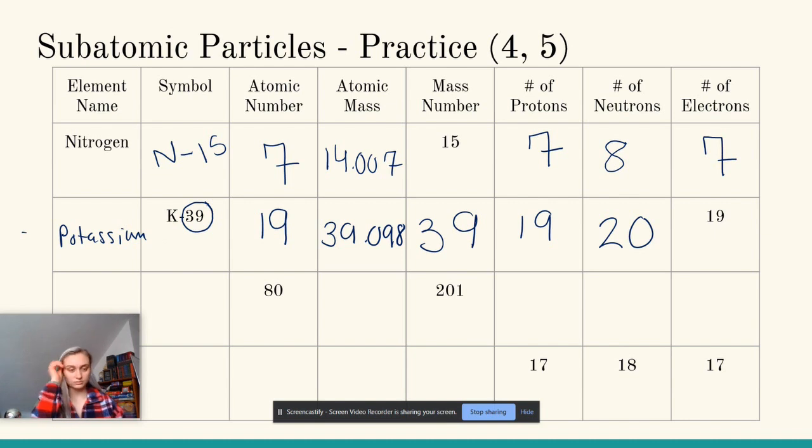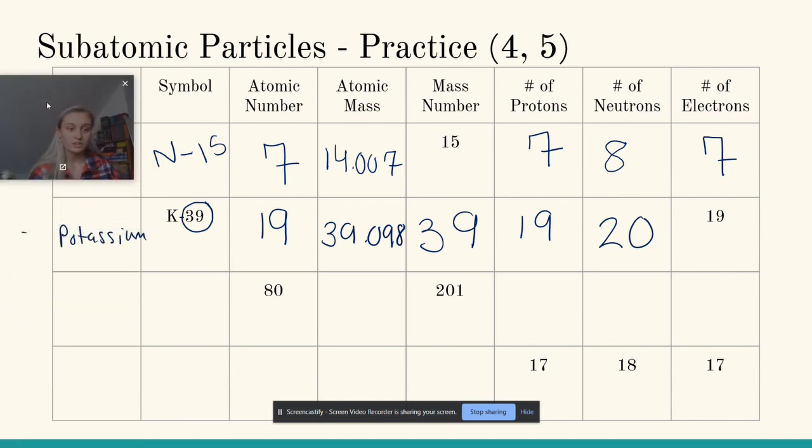Okay, 2 more to go real quick, so we can do this a little faster since we're so good at this and so used to doing this table over and over again. So we are given atomic number and mass number. First thing I'm going to do before I even go to the periodic table is I know the atomic number is equal to the number of protons, so say 80.